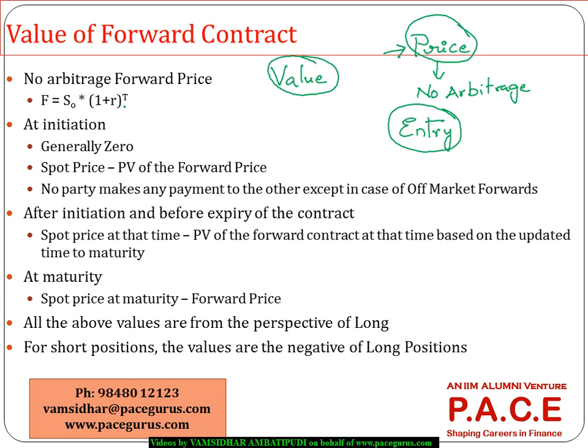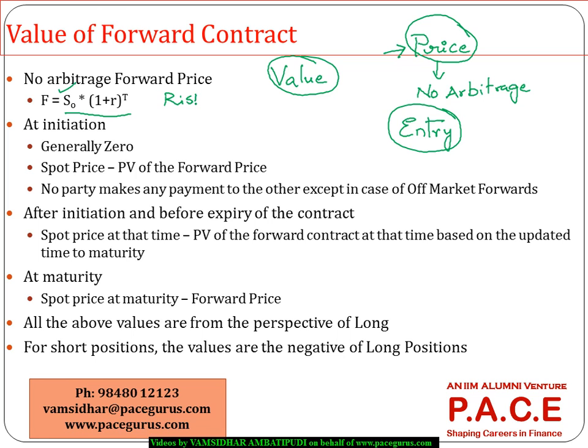So in a regular forward contract where there are no dividends or no cash flows intermediately, we price those kind of forwards as S0, which is the current market price, into (1 + R)^T, where R we treat as the risk-free rate of return.